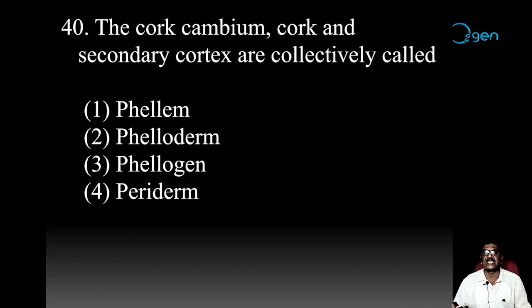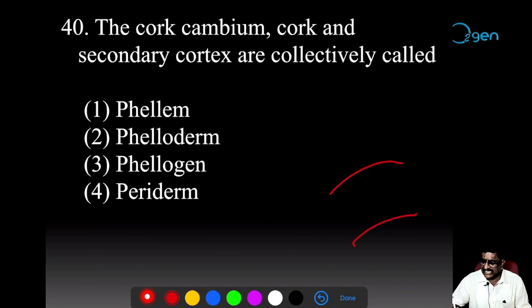40th, cork cambium, cork and secondary cortex collectively called as. So, three layers are developed during the secondary growth in the cortex, or extrastelar secondary growth. One is phellem, phellogen, and phelloderm.